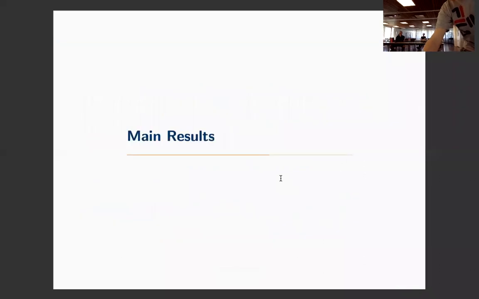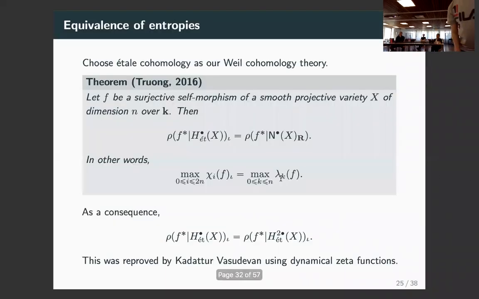Okay, so now I will talk about our main result. First of all, we choose the complex numbers as our ground field. The first result is due to Truong himself. He proved in 2016 that if F is a surjective self-morphism of a smooth projective variety of dimension n, then we have the following equation.